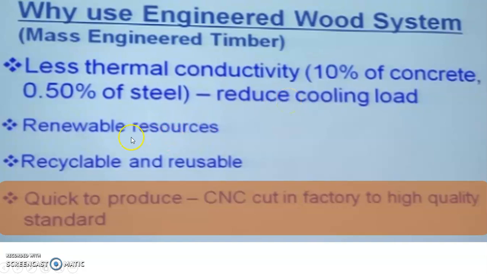Another good reason is because it is a renewable resource. It can be recycled. Remember the wood chips that we talked about in the earlier weeks? It can be reused. And the biggest advantage is that it is quick to produce, meaning that the components are quick to be produced in a factory to a high quality standard.